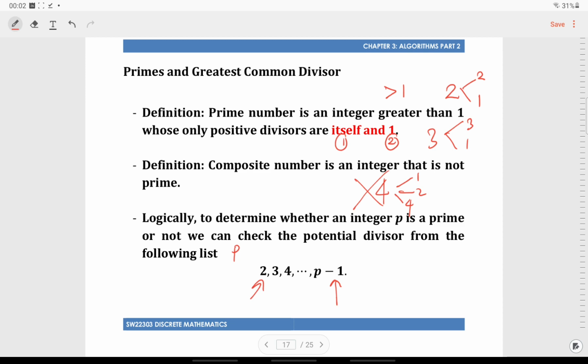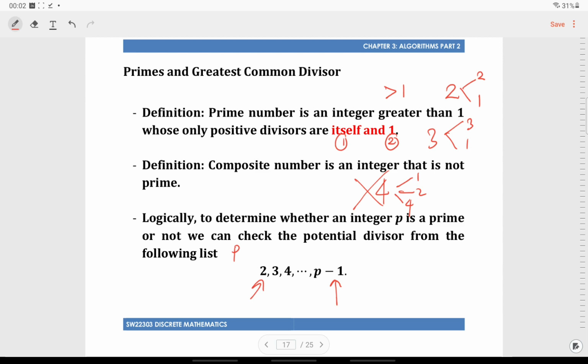But checking one by one is quite cumbersome, especially when p is a large number. It is totally inefficient to find the divisor of p by dividing p by all numbers between 2 and p minus 1. For example, let's say I give you p equal to 711.